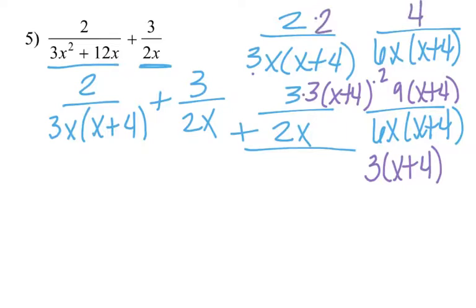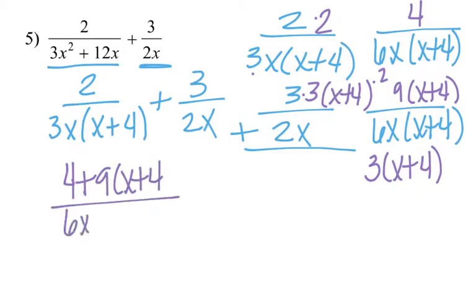So then we're going to come over here, and we're going to rewrite everything as one fraction since we have common denominators now. So 4 plus 9 times x plus 4 over 6x times x plus 4.